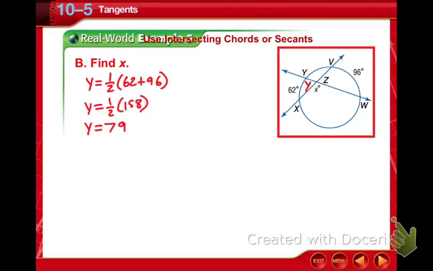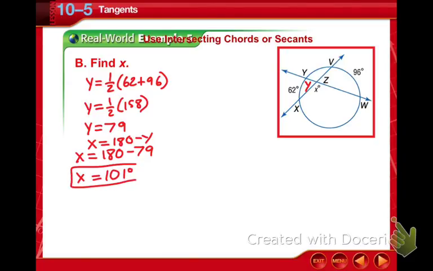So now we're going to take that 79, and we know that x is equal to 180 minus 79, or y. So when we actually do that subtraction, we get that x is 101 degrees. All right?